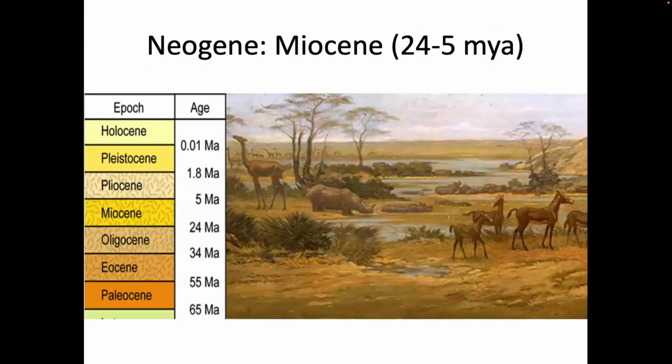So this period spans 24 to 5 million years. This image, I think, perfectly encapsulates what a typical scene from the Miocene would have looked like. Very big animals. We had large relatives of elephants, rhinoceros, very large camels, some giraffe-like in size. Lots of horses, many different genera of horses. Many genera of camels, hippopotamus relatives. We had tapirs.